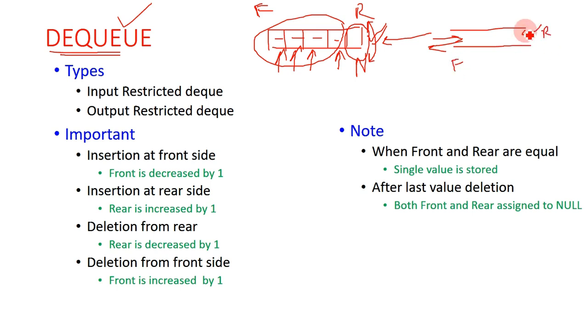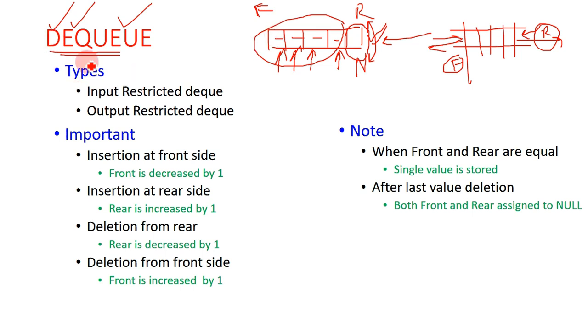Both insertion and deletion are possible from both ends of the queue. So this is called DQ. D stands for double and E stands for end, double-ended queue. You can do insertion and deletion from both ends, rear as well as front.